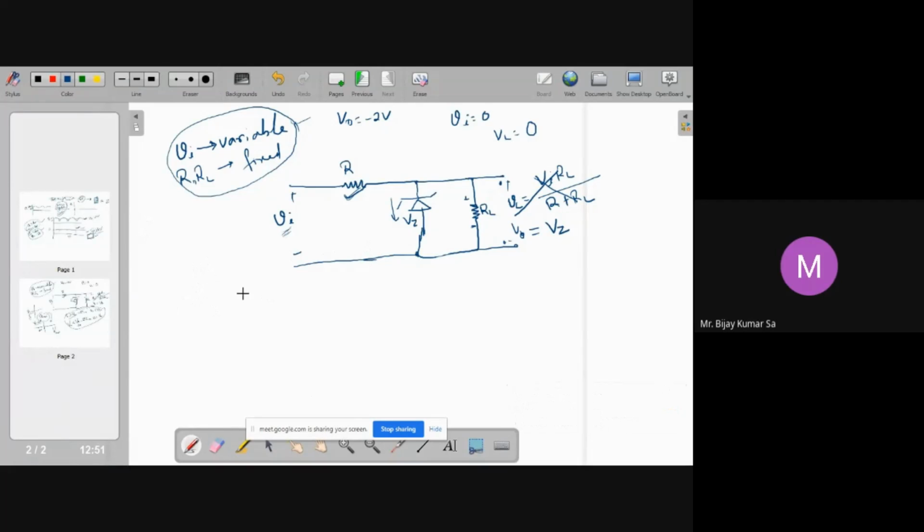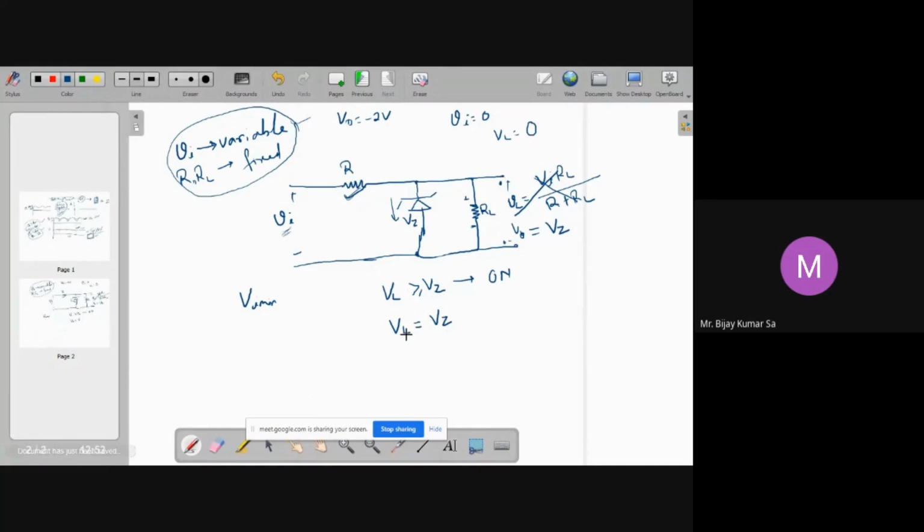I was asking what is the Vi minimum that is required to turn the diode on. So you know that whenever VL is greater than or equal to Vz, the diode is going to be turned on. So VL should be at least equal to Vz. So let us do it: VL equals Vz.